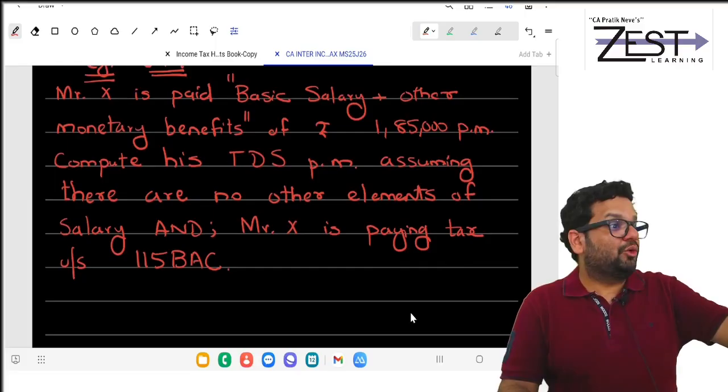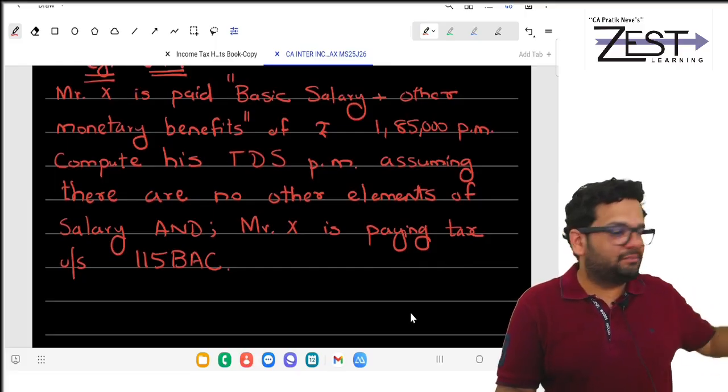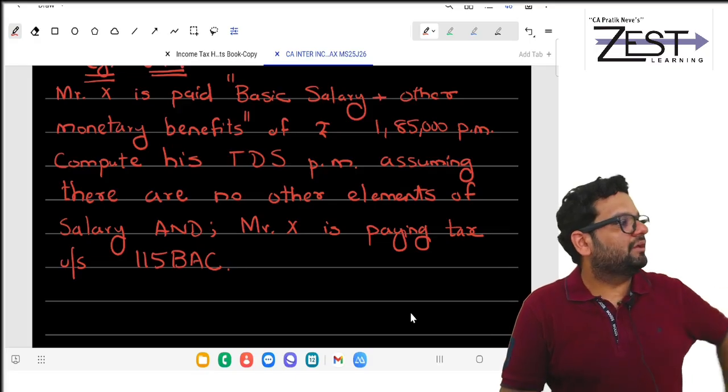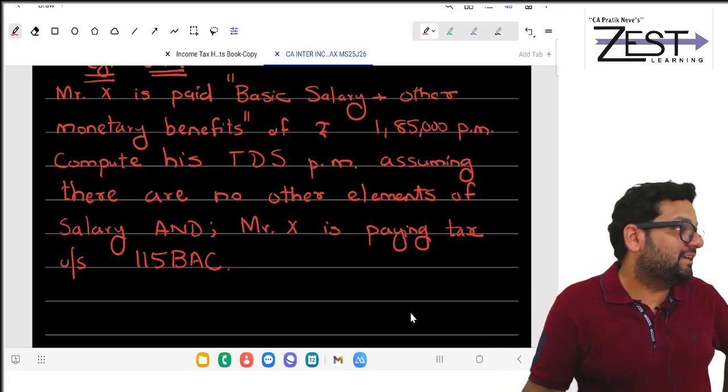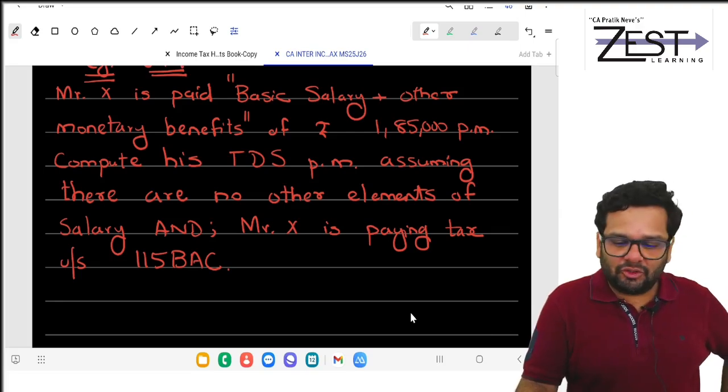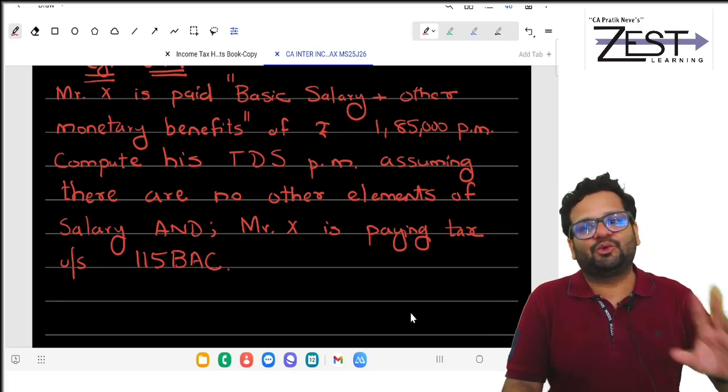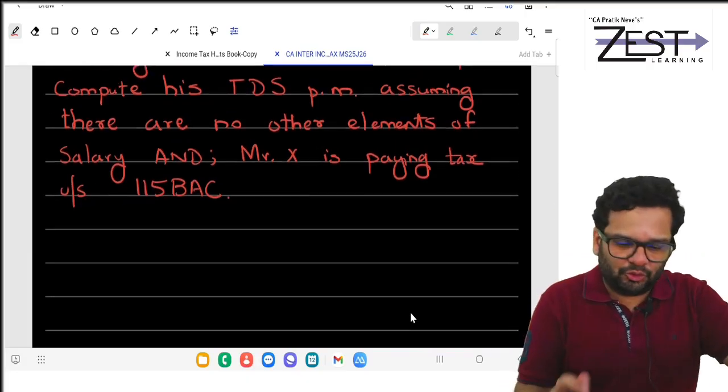You are the accountant in this company where Mr. X is an employee. You have to decide his TDS per month based on your knowledge of section 192. So what will you do?